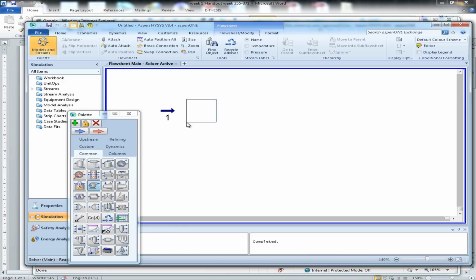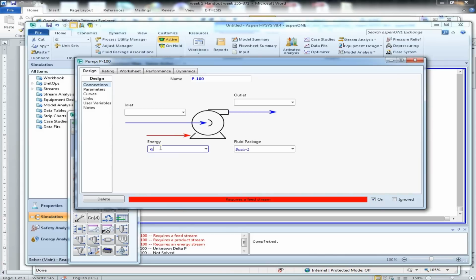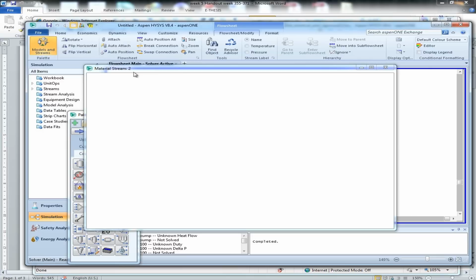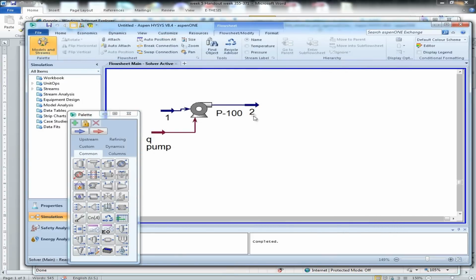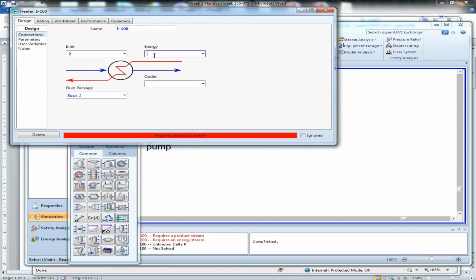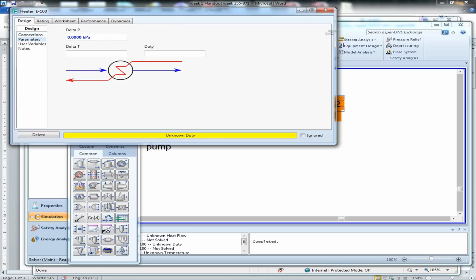So we increase the pressure by a pump. We increase to 300 kilopascal, and then before feeding that to the distillation column, the easy way is to put some heater here, so we can provide the pressure condition which is ready for the distillation column.